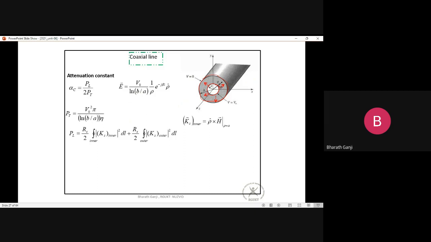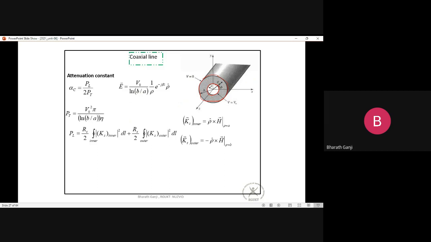The surface current is nothing but the normal vector cross product of the magnetic field at that surface, which is the boundary condition. So you can get the surface current on the outer one also as minus rho cap cross H bar. You take a minus rho cap here because your normal should always be pointing away from the conductor.